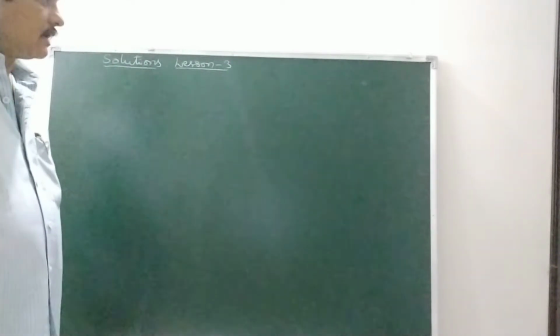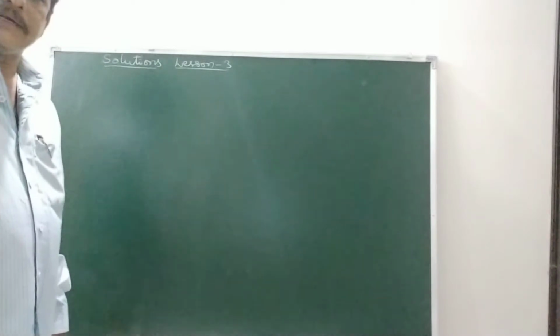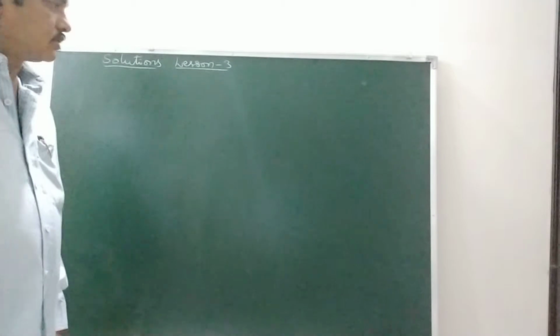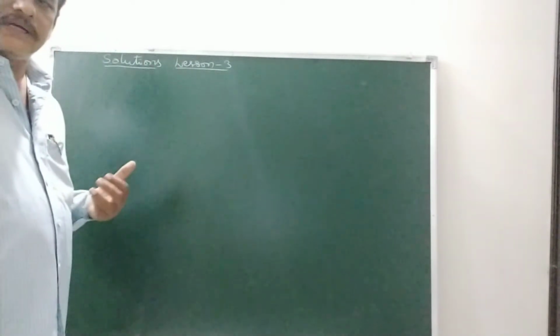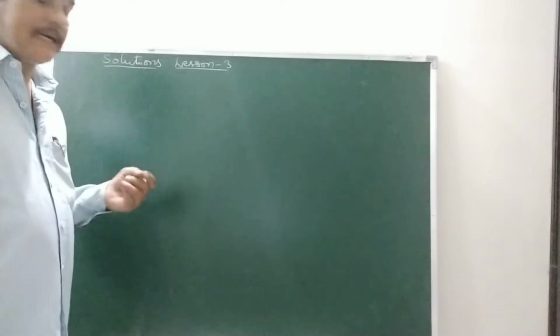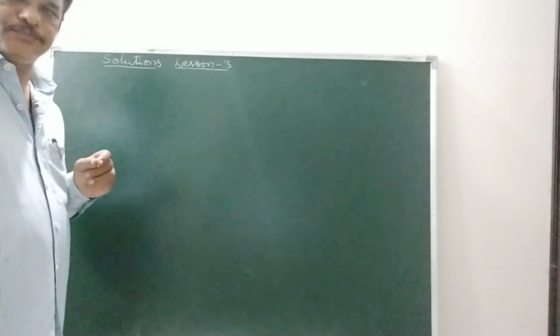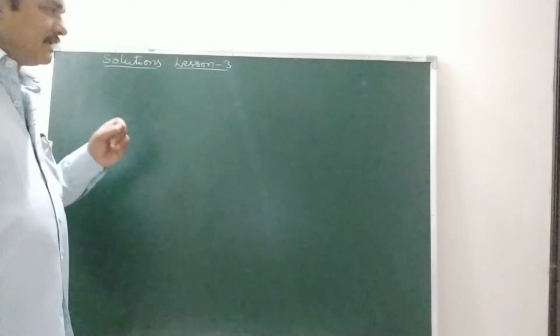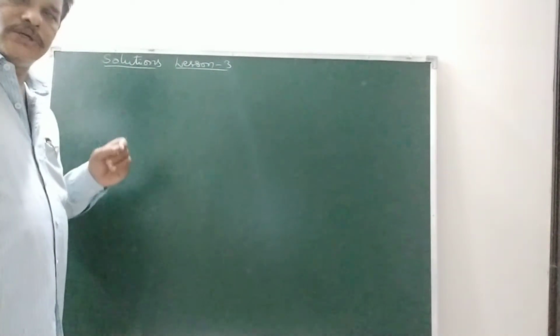Non-ideal solutions are again divided into two types: the solutions that show positive deviation from Raoult's law and the solutions that show negative deviation from Raoult's law. Today, in this class, we will discuss the azeotropic mixtures.